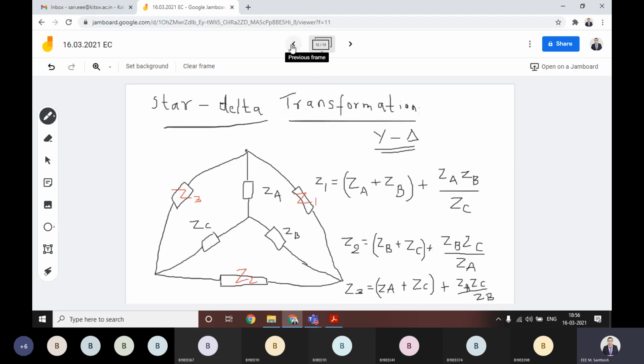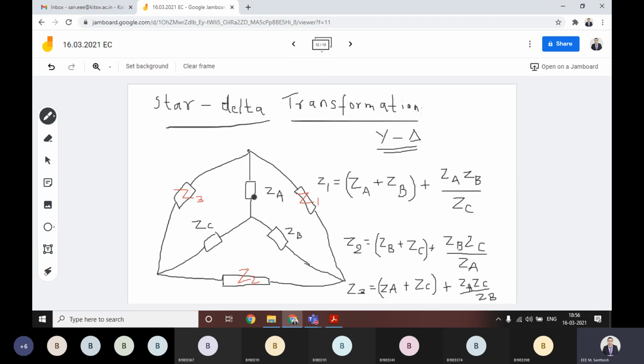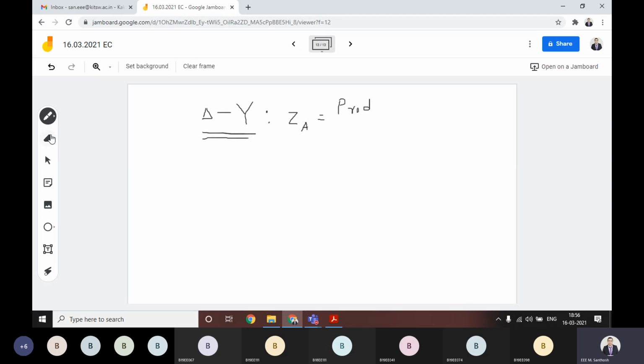Okay. Here we are calculating ZA. You can see Z1, Z3 are just beside this ZA. For that reason, you have to write them in the numerator.